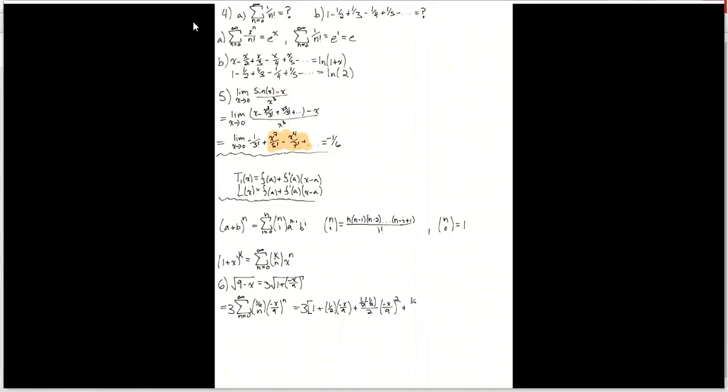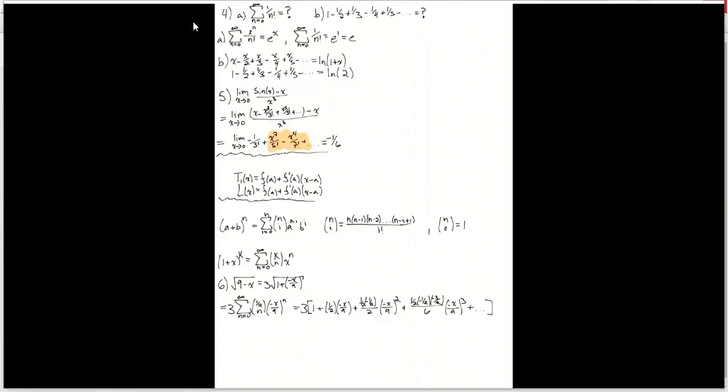And then this next term is 1/2 times minus 1/2 times minus 3/2 over 6, and then we're going to have a minus x over 9 cubed.